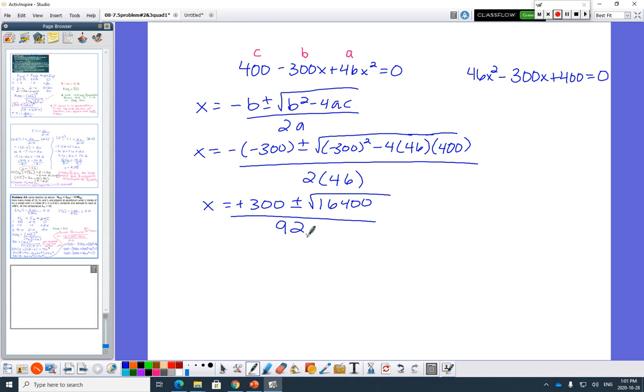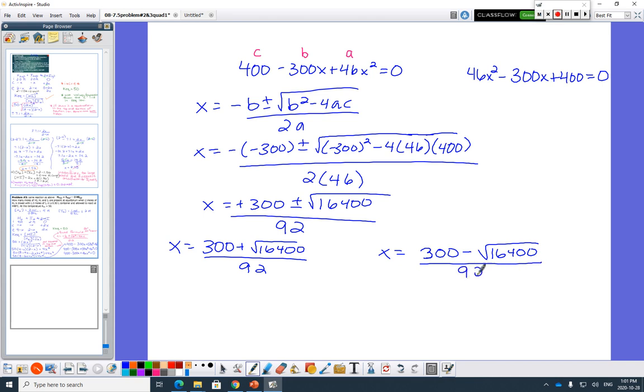And now we're going to do the same thing. So we have a plus and a minus answer. And again, you can do this in your calculator all at once. You can do it separately.